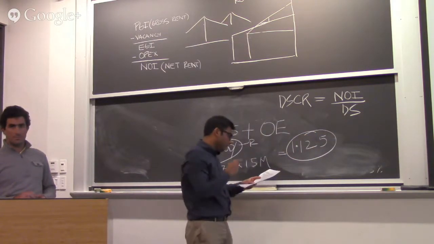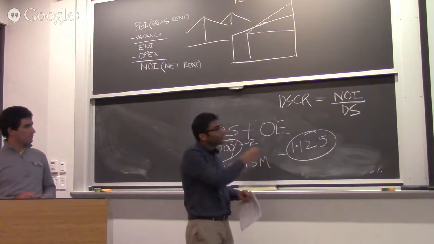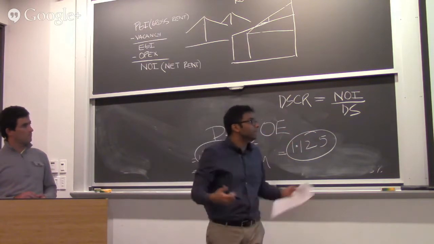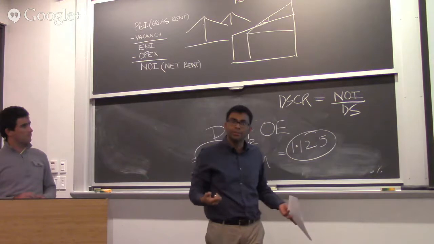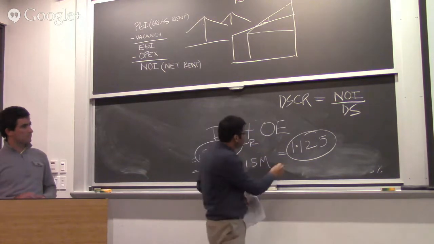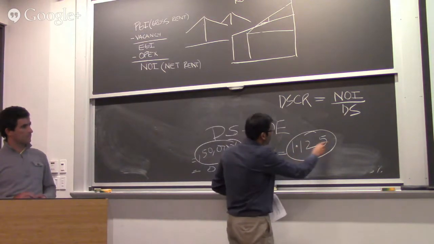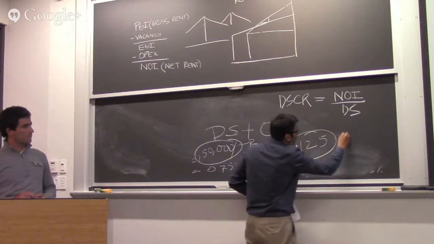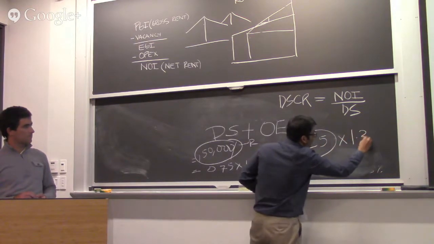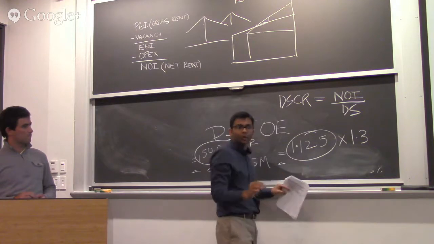Now, the bank needs a debt service ratio of 130%. So that means if they can loan you this much, they want you to have at least that multiplied by 1.3 in your NOI.